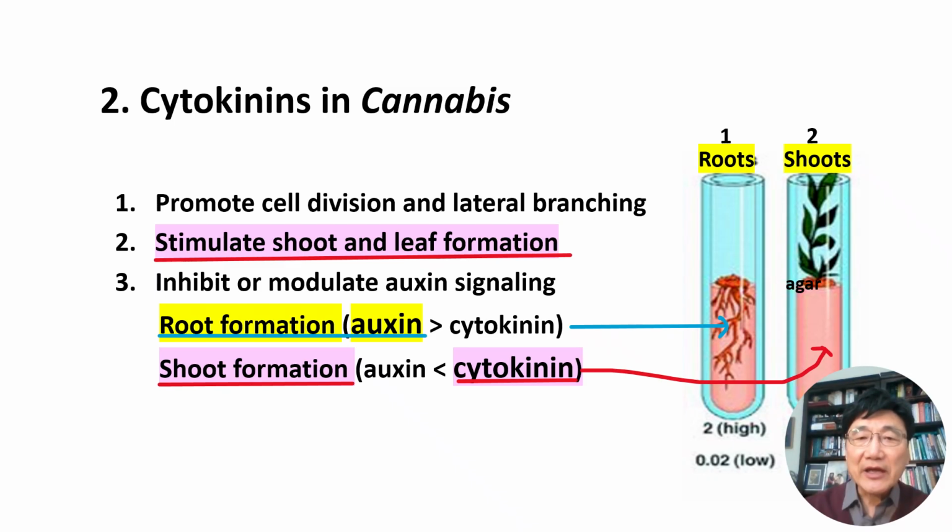branching, and leaf formation. As you can see here, high cytokinin in the culture medium stimulates shoot and leaf formation from the detached plant tissue, while high concentration of auxin promotes root formation.